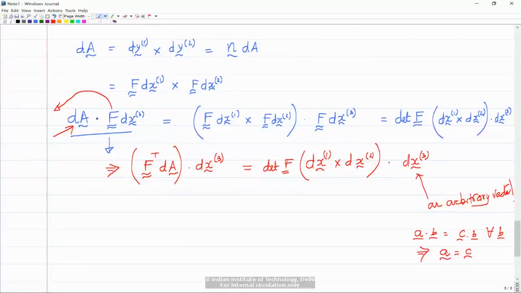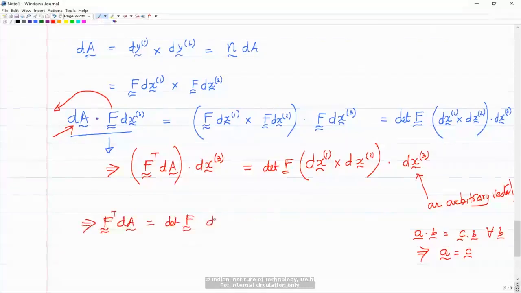So using this, we can derive that F transpose dA is then equal to det F of dx1 cross product dx2.